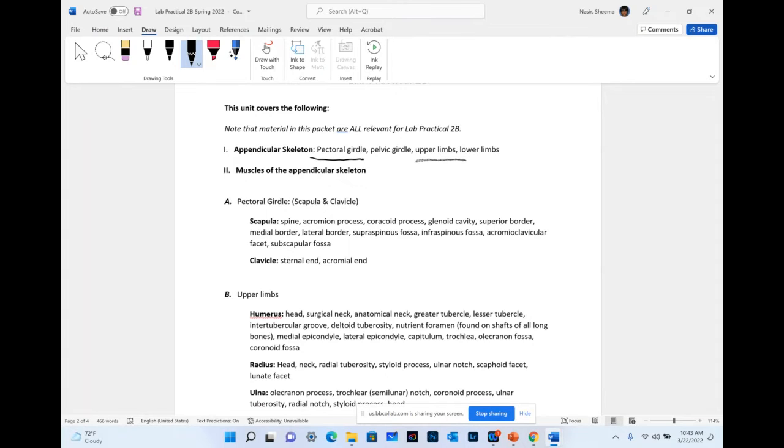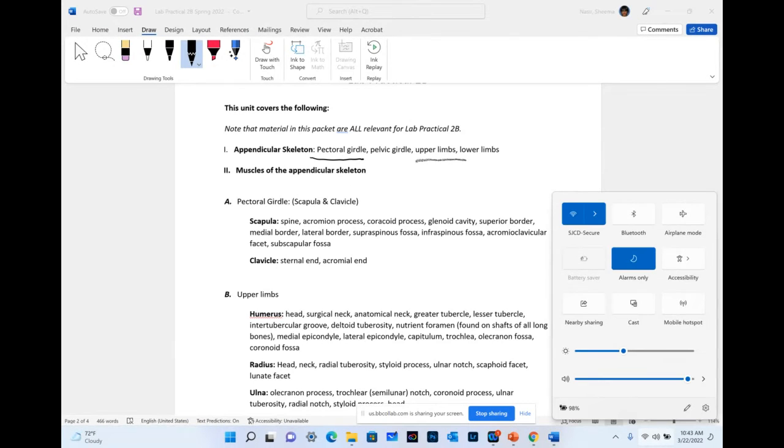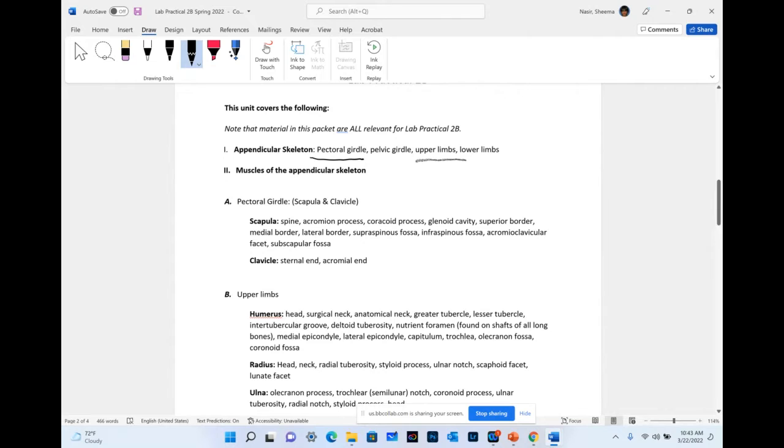Now pectoral girdle, pect means chest. So pectoral girdle is made up of your scapula and your clavicle. So those are the two bones we are going to look at.